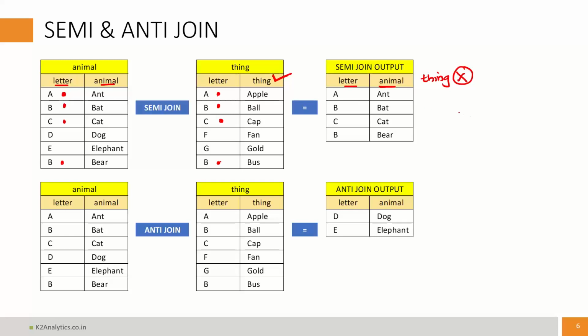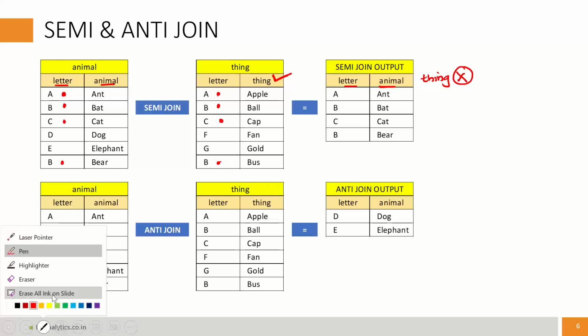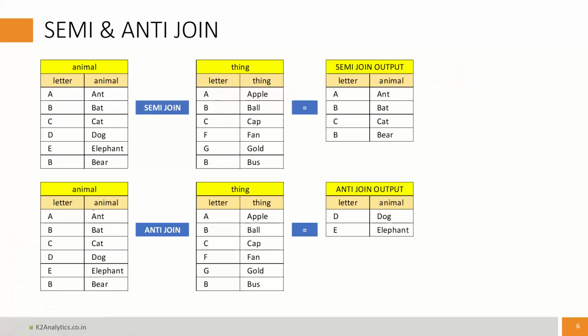This is called semi-join. Try to write the syntax for semi-join. You have the output in front of you. Try to write the syntax, pause the video and try to write the syntax.